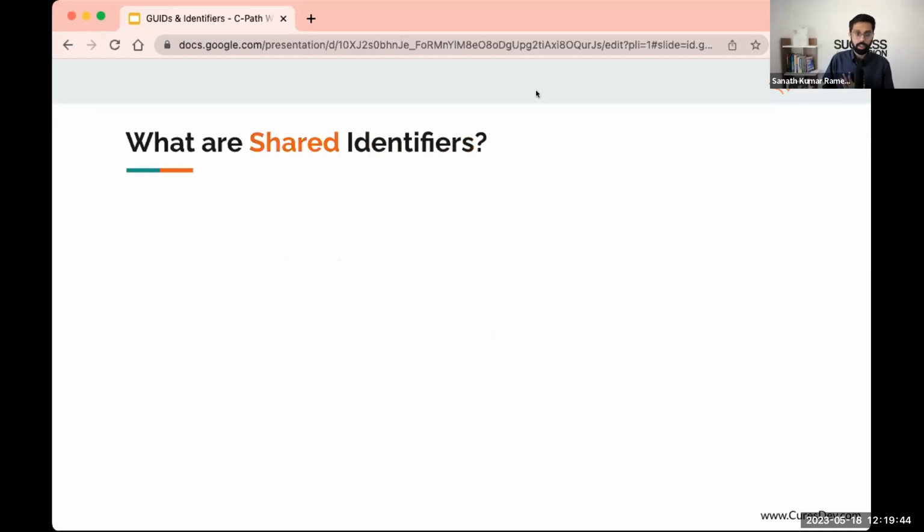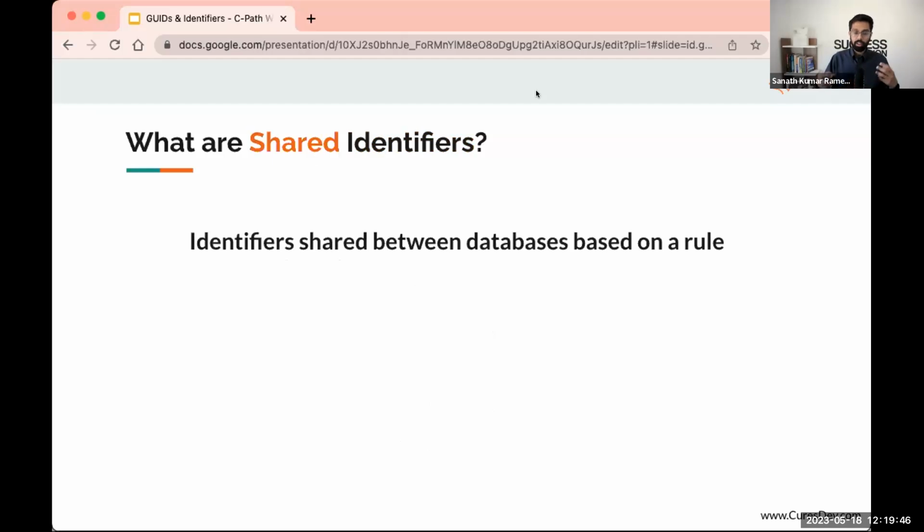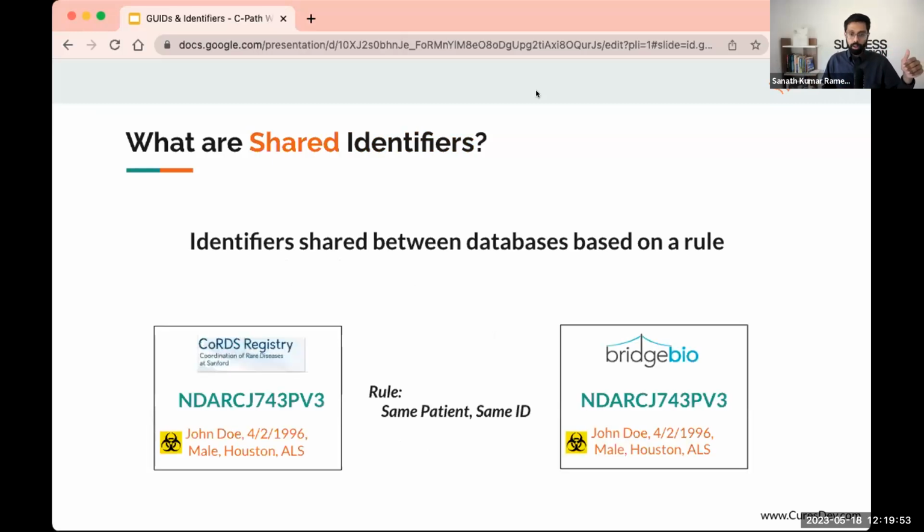And in this case, when we talk about shared identifiers, these are identifiers shared between databases based on some rule. In the example that I showed you, we had a rule that said the same patient gets the same ID. As long as this rule is met, these two databases have a shared identifier and they can talk to each other whenever they choose to.